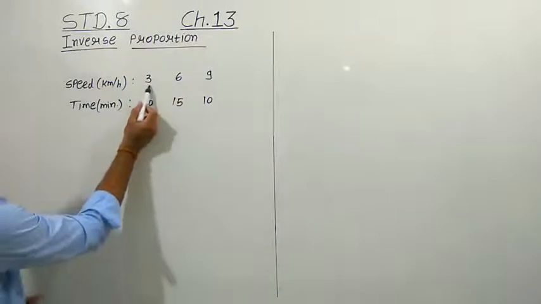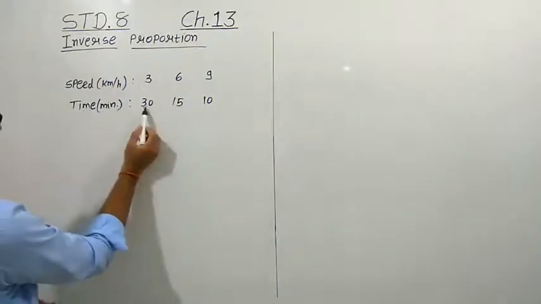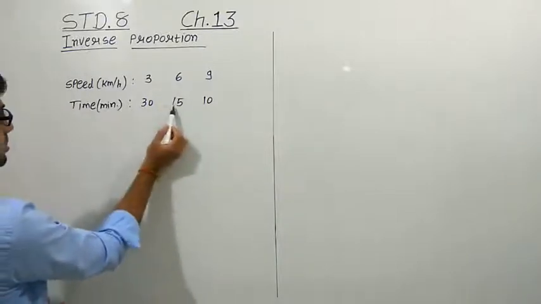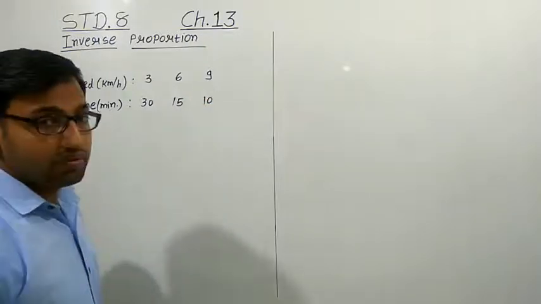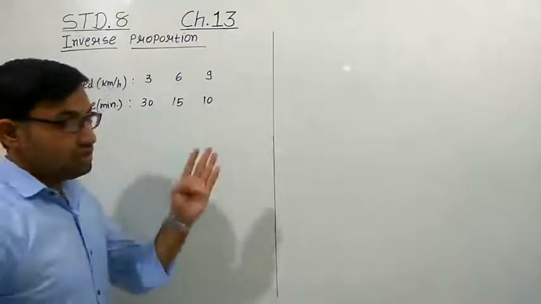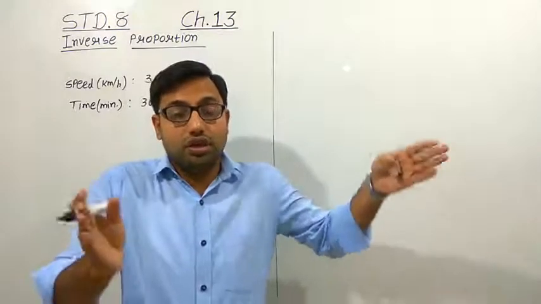If the speed is 3 kilometer per hour, the time taken is 30 minutes. If the speed is 6 kilometer per hour, the time taken is 15 minutes. If the speed is 9 kilometer per hour, the time taken is 10 minutes. In all three cases, we are not changing the distance covered. That is the constant, right?